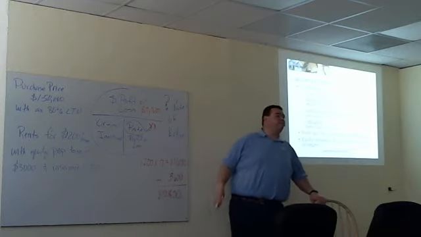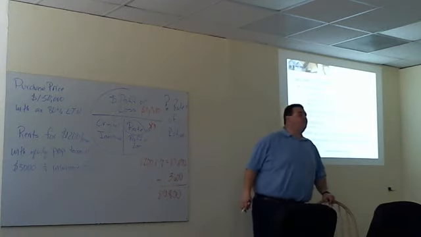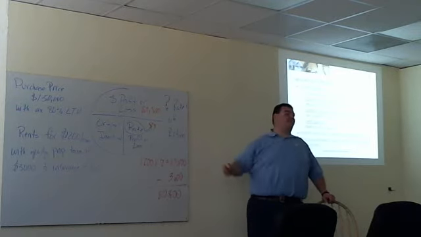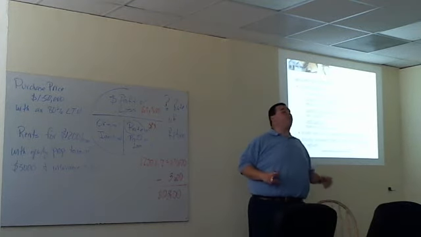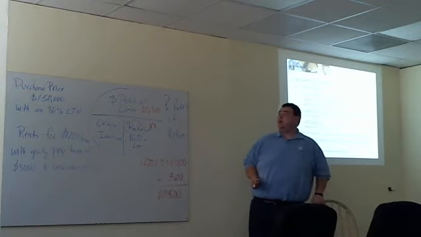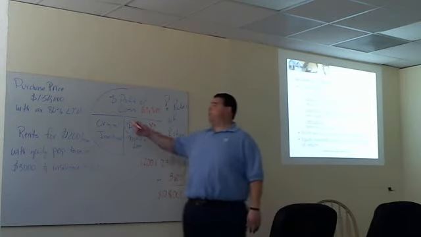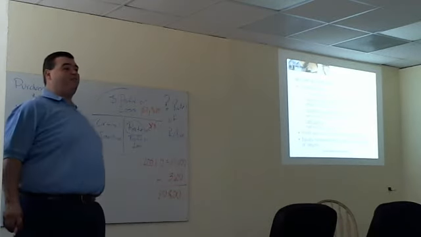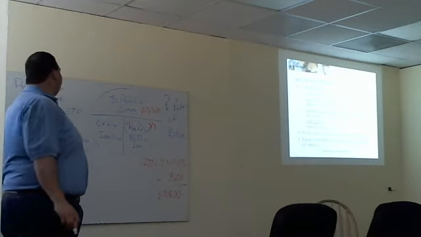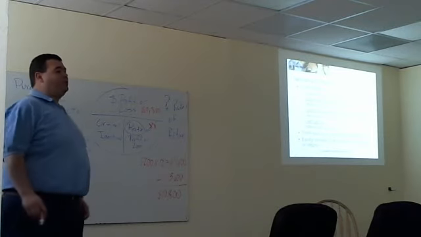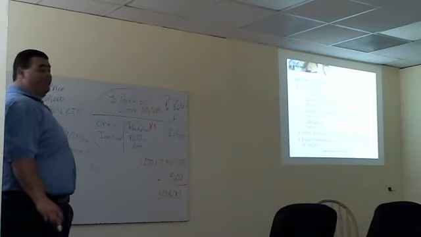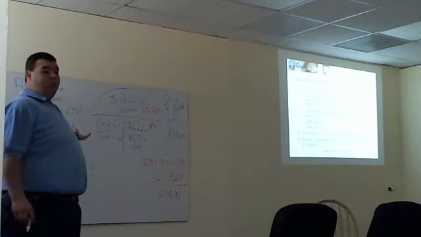Now what do I need to know? I need to know my original investment, or my original equity. To figure that out, I have to figure out how much of this 150 was loan and how much was my investment. So, how much of that was my investment? $30,000. Does everybody see where that number comes from? Because if you do an 80% loan to value loan, you get 120.